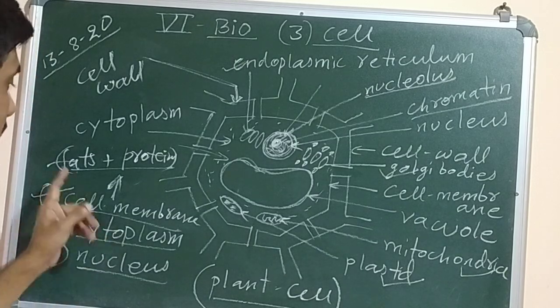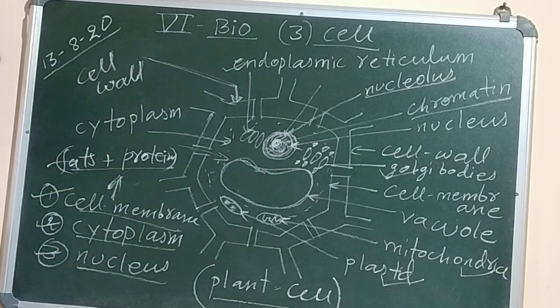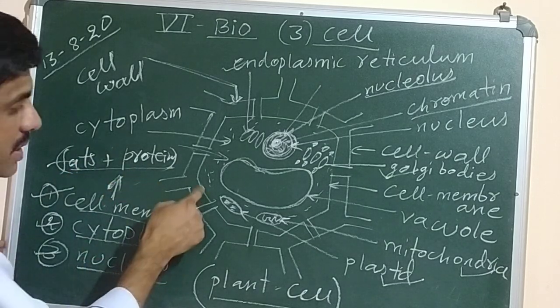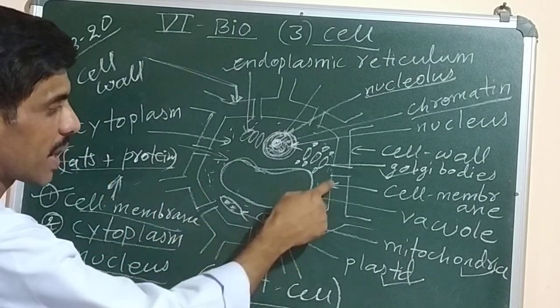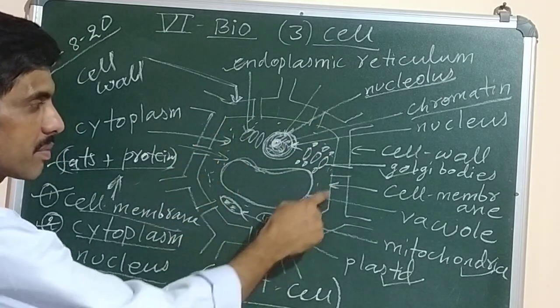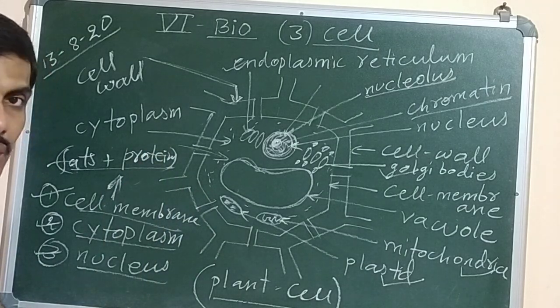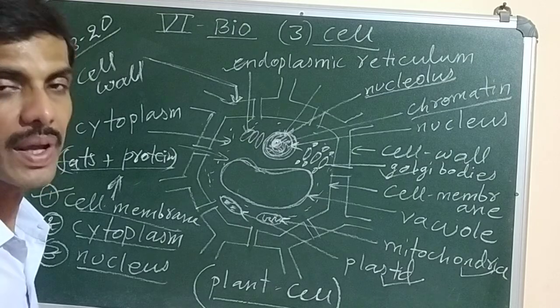Cell membrane is a living membrane. It is made up of lipids and proteins, and it is present outside the protoplasm. Means it binds the protoplasm of the cell. It gives definite shape and size to the cell. It has tiny pores in it, and it is selectively permeable in nature.